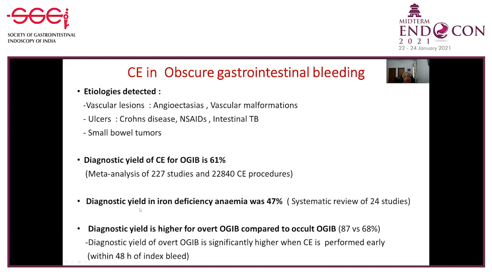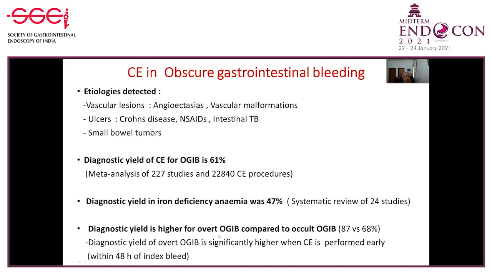You should note that the diagnostic yield in iron deficiency anemia is only 47%, which comes from a systematic review of 24 studies. So the yield is much less in iron deficiency anemia as compared to other causes of obscure GI bleed.